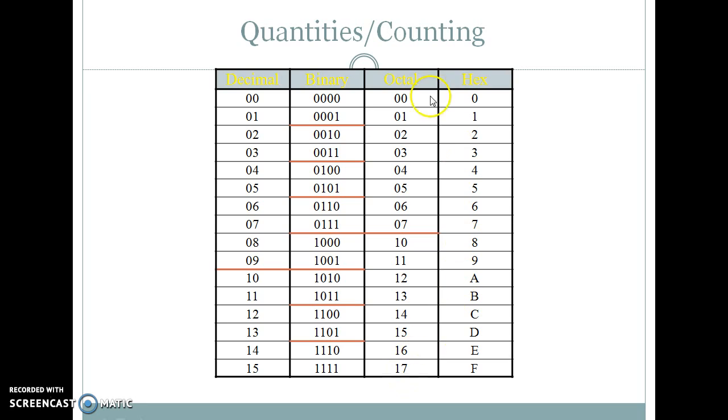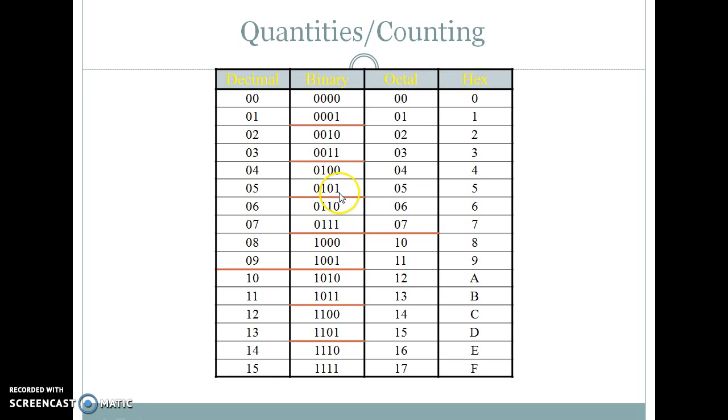Similarly, the binary number system has only 2 digits, 0 and 1. After this 1, it converts again into 0, and the next bit is converted into 1. So this is 10, and here again it comes out to be 11. When both situations come out to be 1, 1, the next higher bit is converted from 0 to 1, and again this becomes 0, 0.